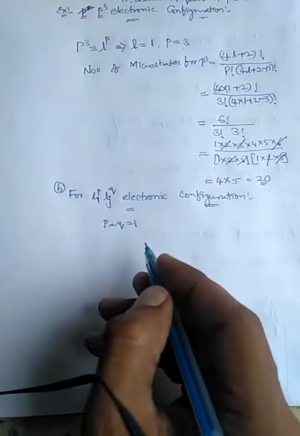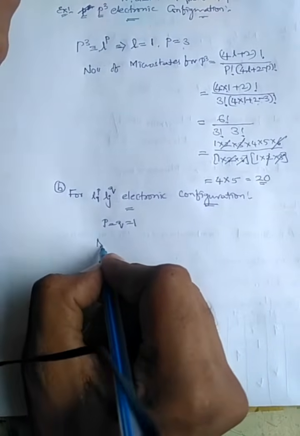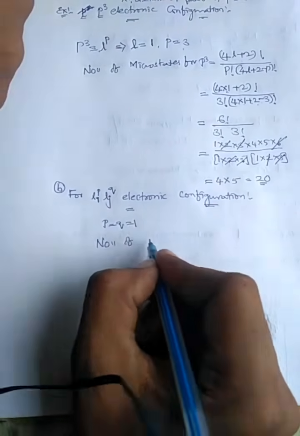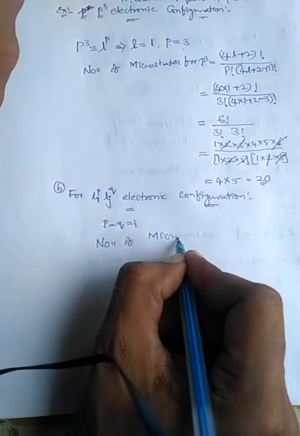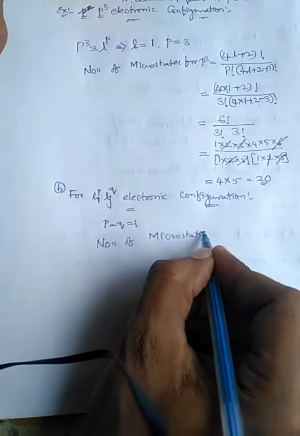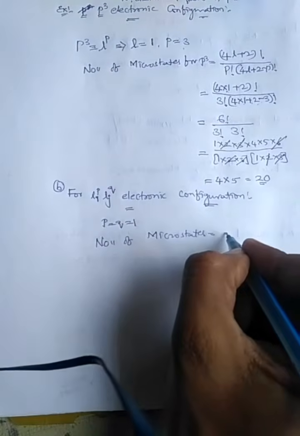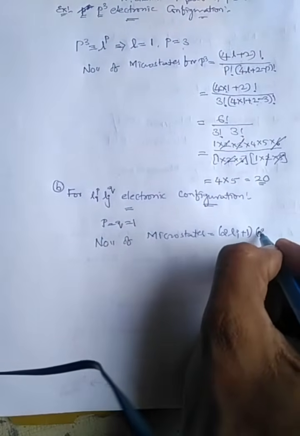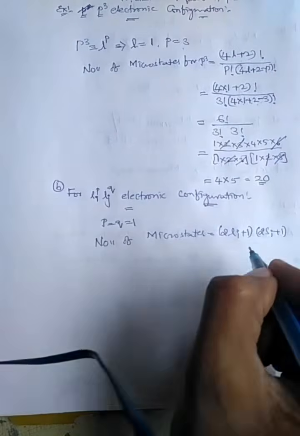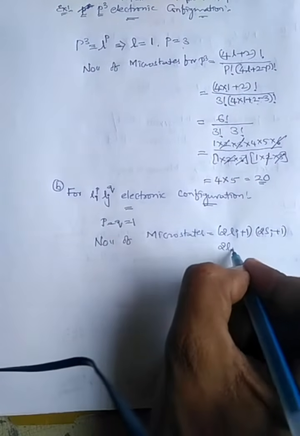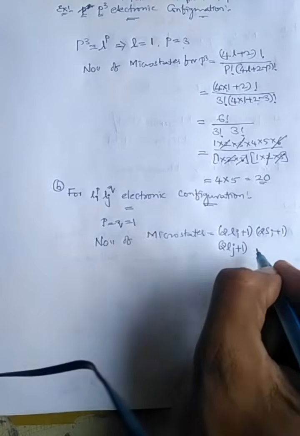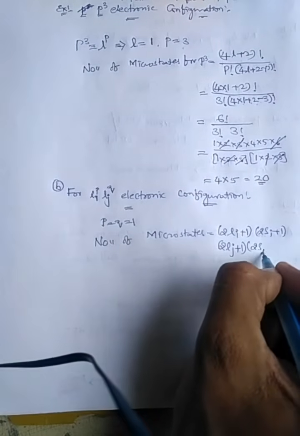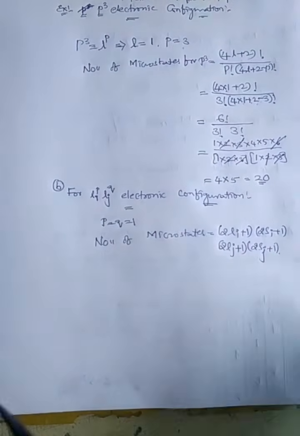For that, the number of microstates will have the formula of (2Li plus 1) multiplied by (2Si plus 1) multiplied by (2Lj plus 1) multiplied by (2Sj plus 1), right?